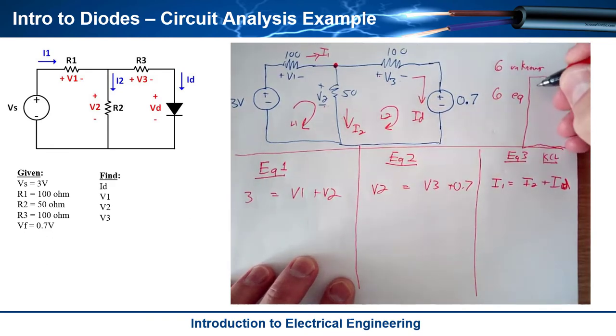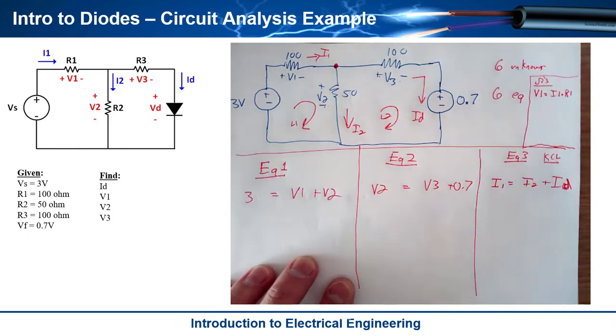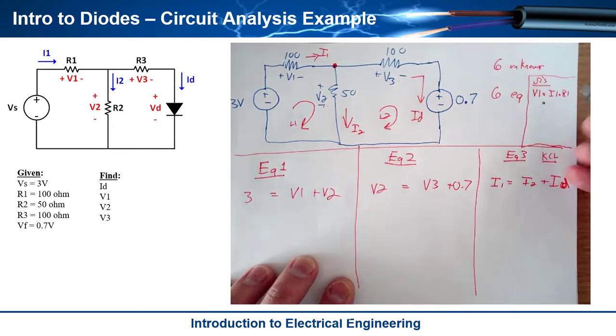They're going to be pretty easy because they're just Ohm's law, right? So I'm going to get V1 is equal to I1 times R1. And let's just plug in the values for that right now. So V1 is equal to 100 times I1. But I'm going to put the 100 in front just because then it looks more like the way we write our math.